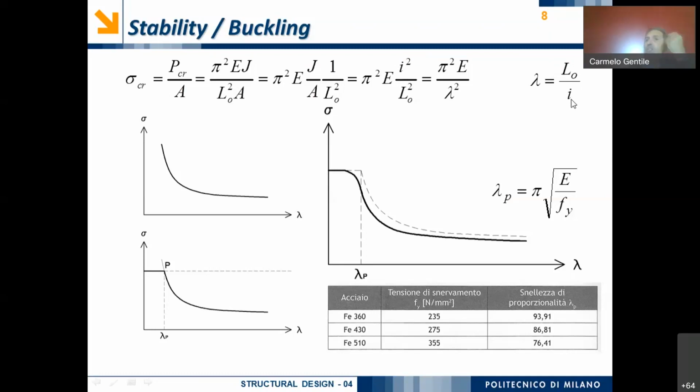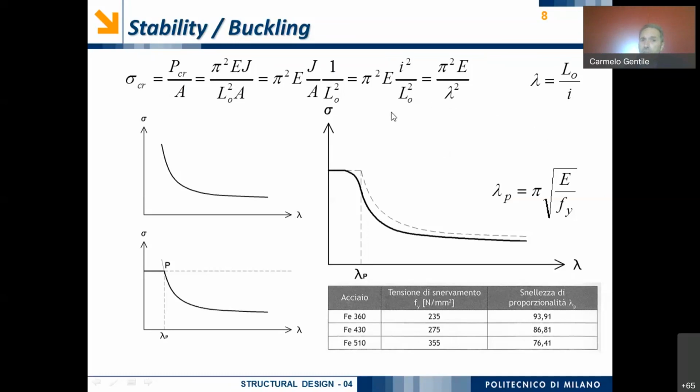And the slenderness depends only on the geometry of the structure, because L0 depends on the geometry and on the constraint condition. The inertia radius depends only on the characteristic of the transverse cross-section of our column, okay?